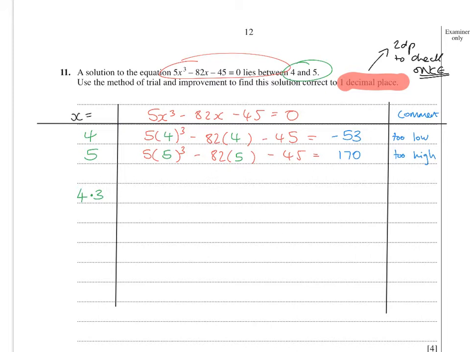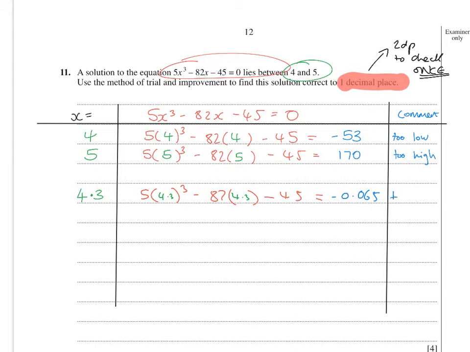Okay? So the first thing I'm going to do is go back to 5 brackets cubed minus 82 brackets minus 45, and I'm going to get 4.3, then 4.3 again, and I've got really close to it. Okay, so I put in 4.3 here and 4.3 in here, and my answer was minus 0.065.